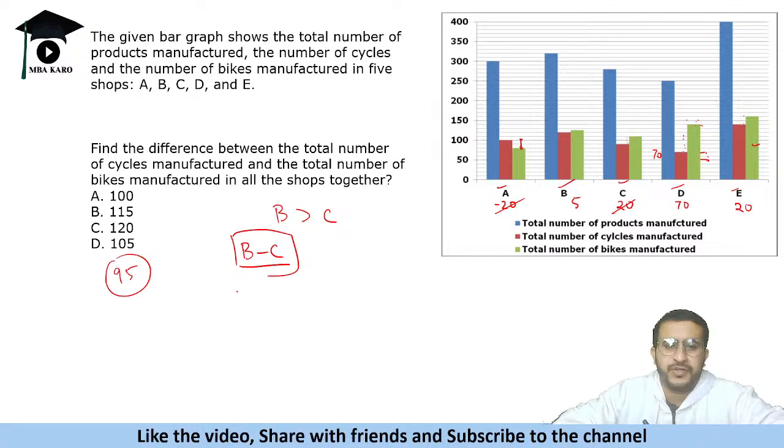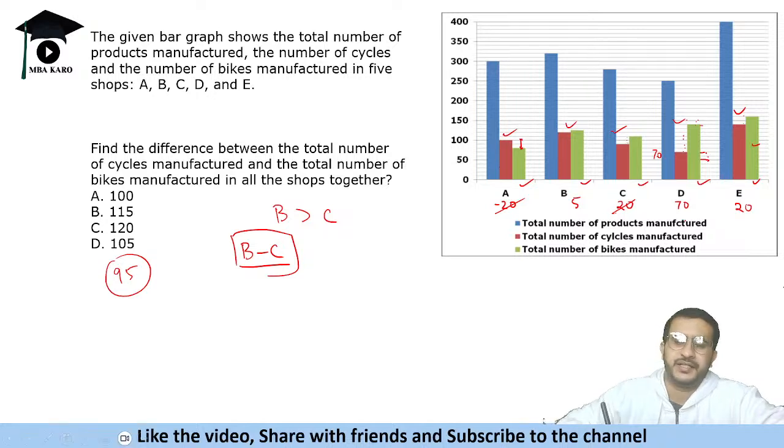So this is how you can find it fast, right? Instead of adding all these numbers, if you added, you would have to add 10 numbers, 5 of these and then 5 of these, then you would find the difference. But instead what we did, we found the difference in A B C D E and added them.